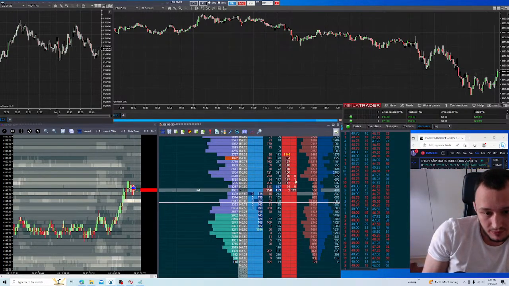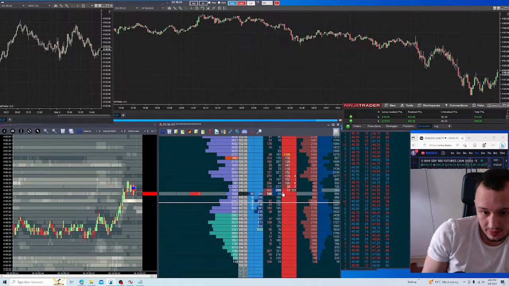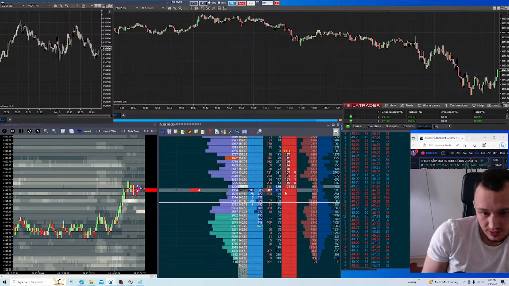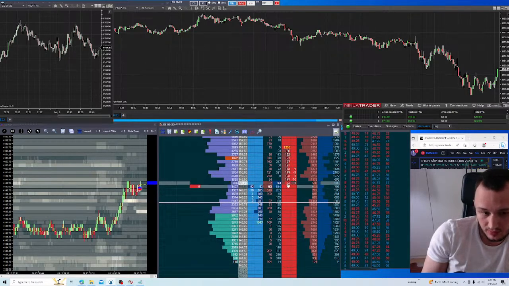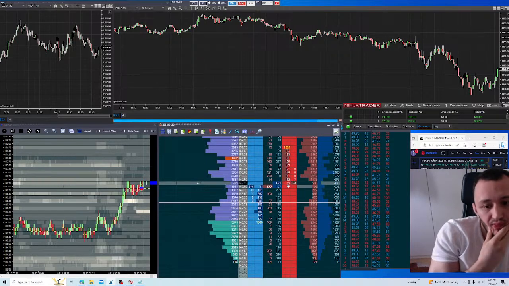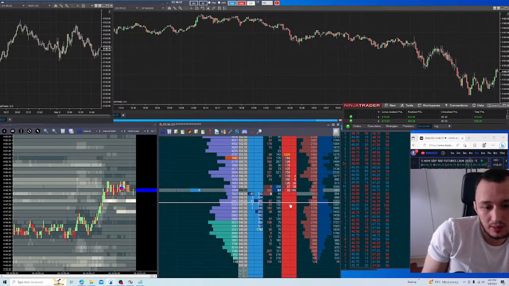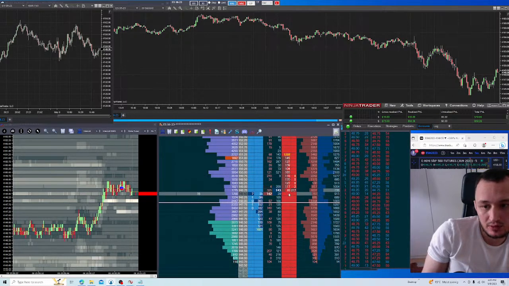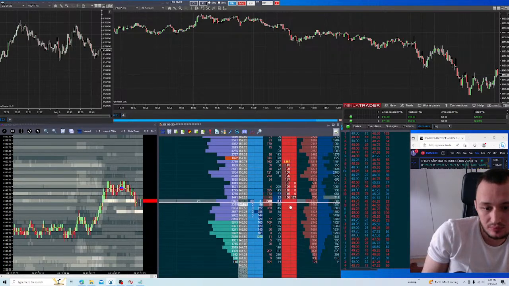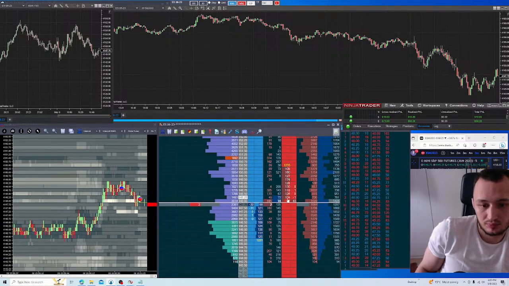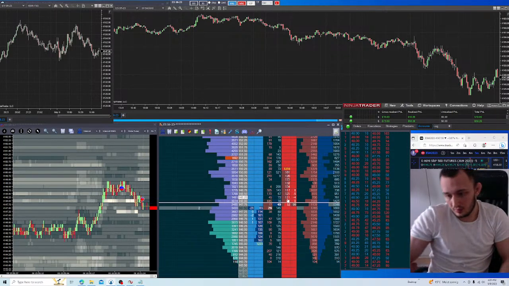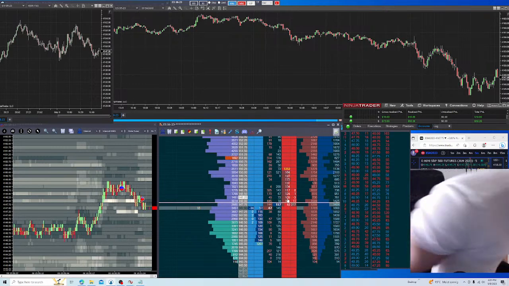So now we hit the 49, so this is what I was thinking about earlier. So if this is just a stop loss grab, or if we are full on mean reverting here. Looks like a short to me. I need to get it.